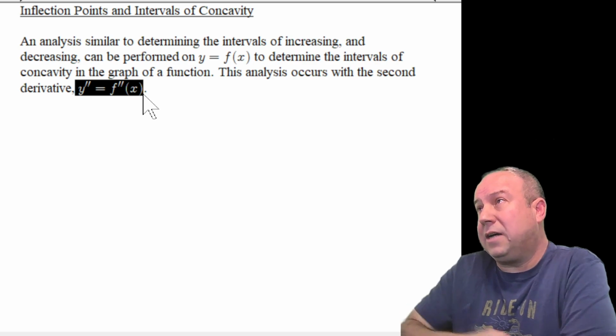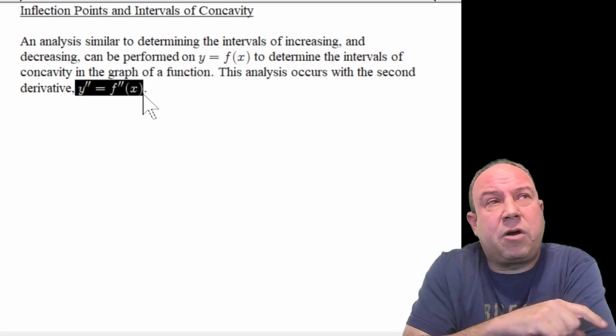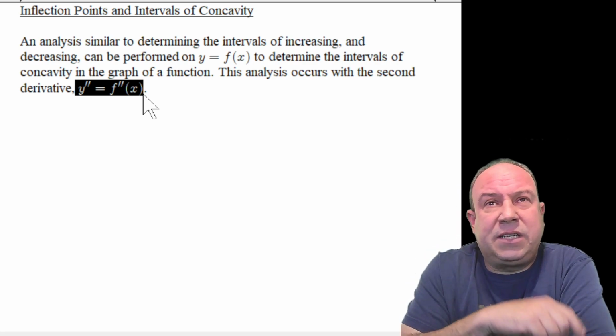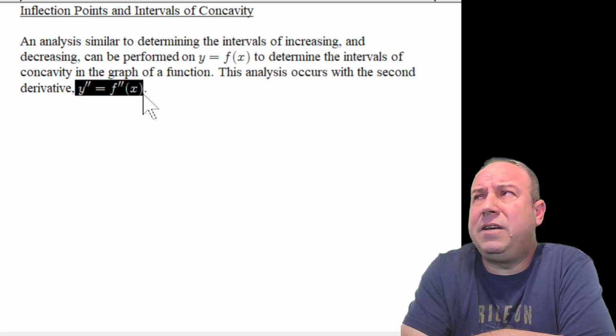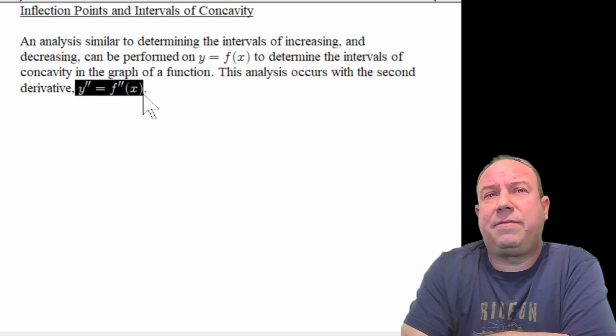It's been a little while since we've talked second derivatives. Well, we did a little bit in linear motion when we were talking acceleration. But again, here we come back and use second derivatives again with our functional analysis. That second derivative tells us information about concavity in our graph.